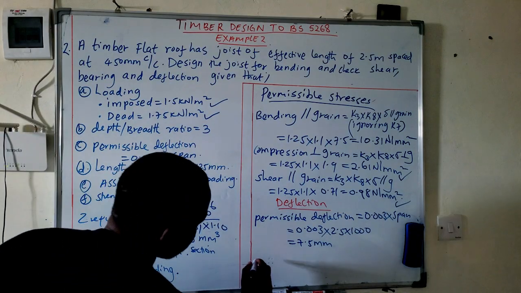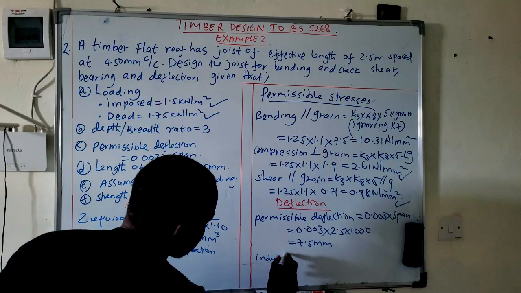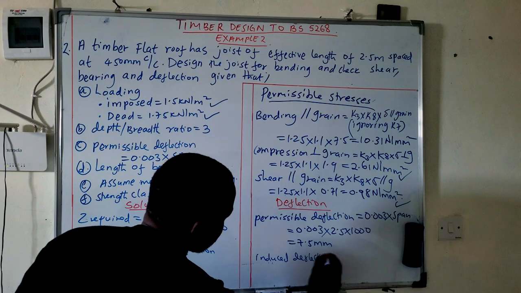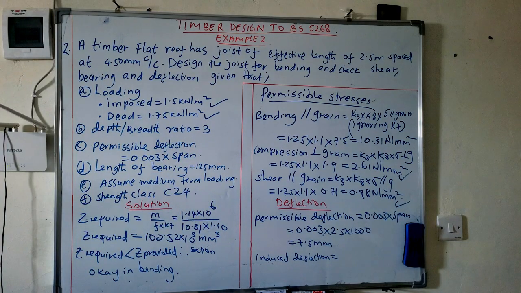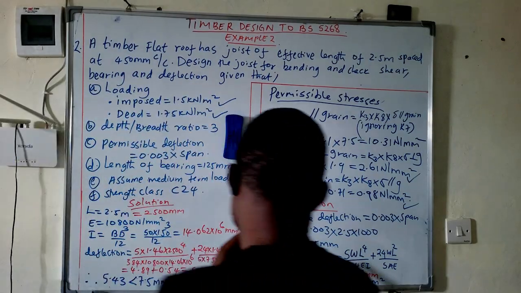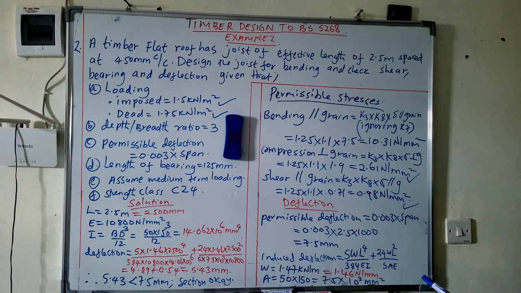So the induced deflection, this is the formula for induced deflection. So we have 5WL raised to the power 4 over 384 EI plus 24WL square over 5 AE.